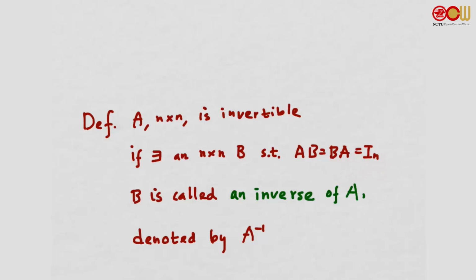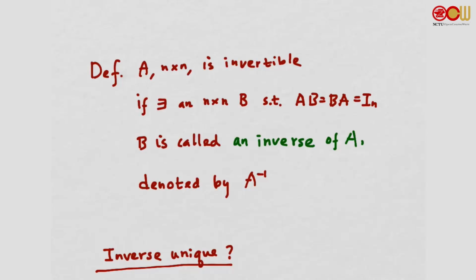If we can find such a B matrix, then this B matrix is called an inverse of A, and it's denoted by A inverse. This is the notation. The first question that we are going to think about here is: is the inverse unique or not? Could there be more than one inverse for a given matrix A?